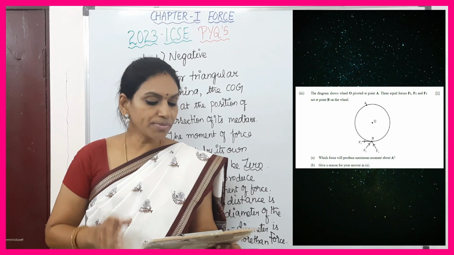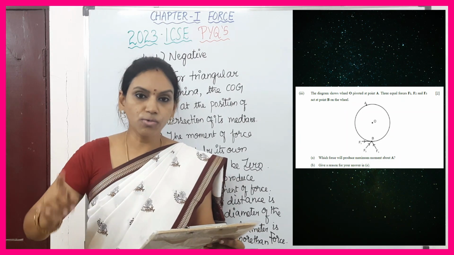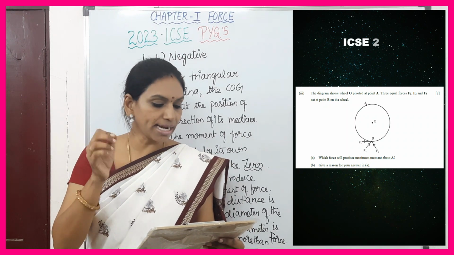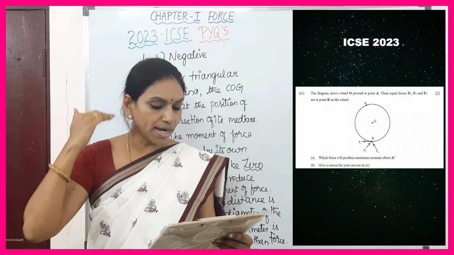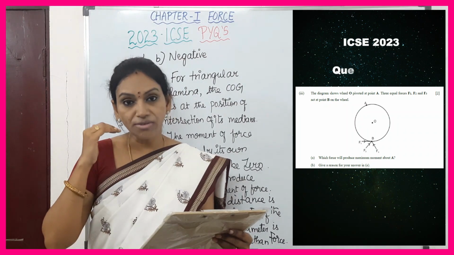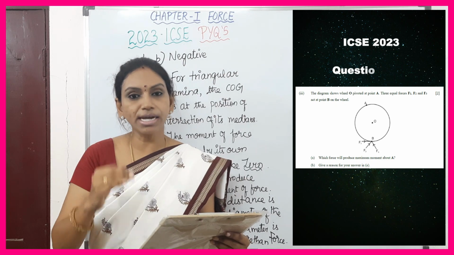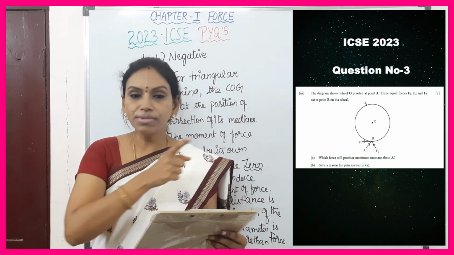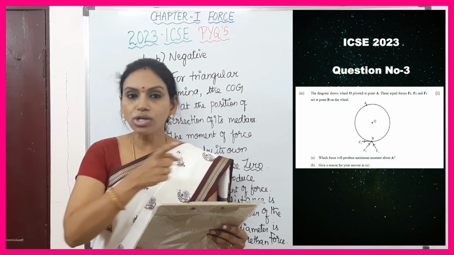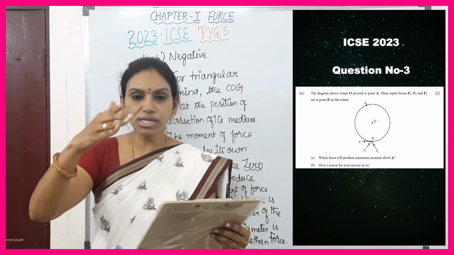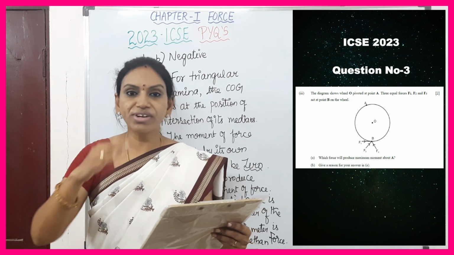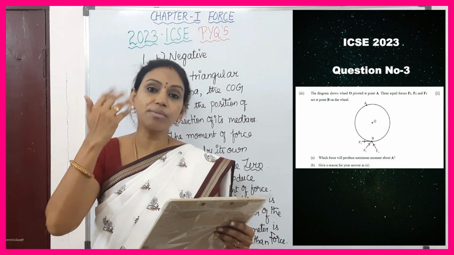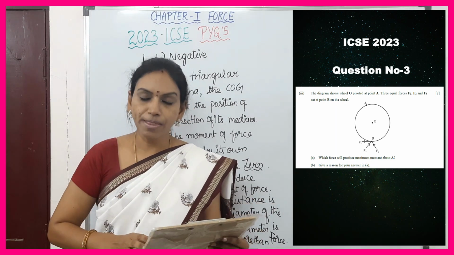In the diagram, they have given a circle or a wheel pivoted at point O, exactly at the center. You have 2 points, A and B, where the 3 forces are acting at point B. One force is along the diameter, and the other 2 forces come randomly from 2 different sides. So they are asking which force will produce maximum moment about point A.